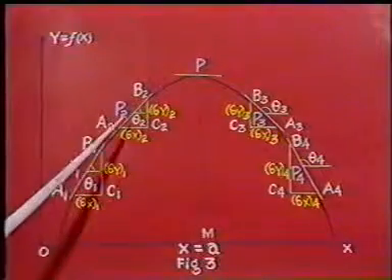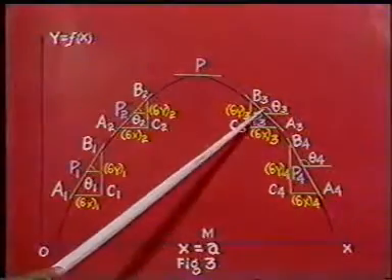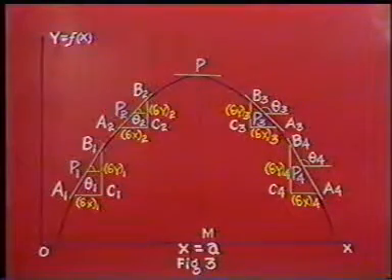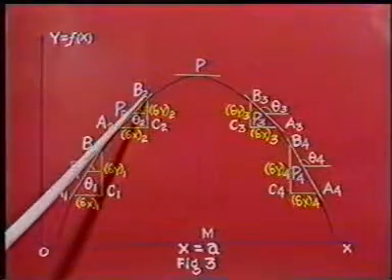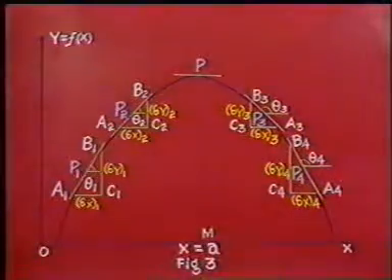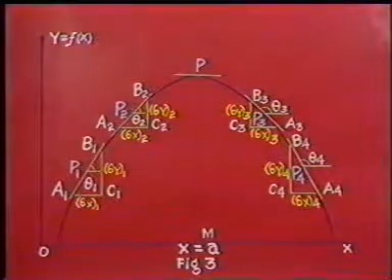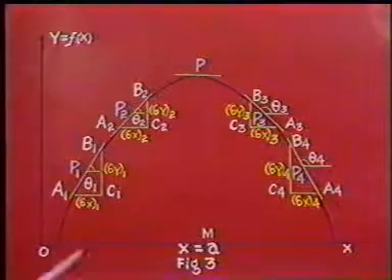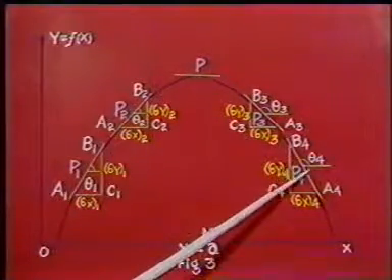P1 and P2 are taken on the left of P. P3 and P4 are taken on the right of P. We draw tangents at these 4 points P1, P2, P3 and P4. Let these tangents make angles theta 1, theta 2, theta 3 and theta 4 respectively at points P1, P2, P3 and P4.